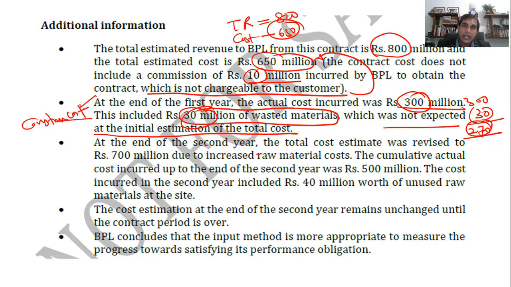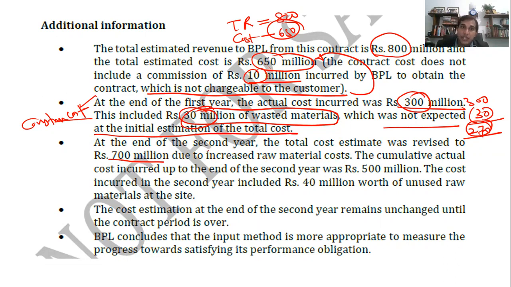At the end of the second year, the cost estimate was revised to 700 million due to increased raw material cost. Now in the second year the estimation has been changed, because this is a cost estimation. So as per LKAS 8, you can apply this prospectively.